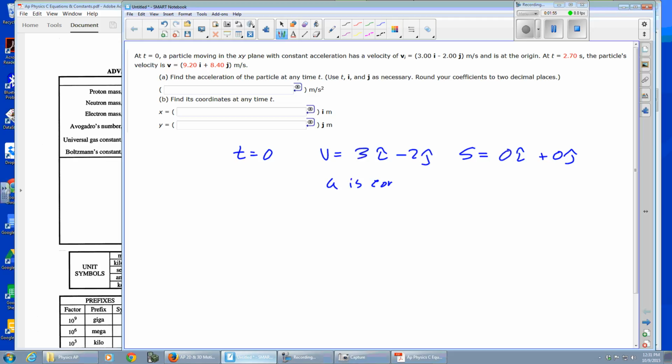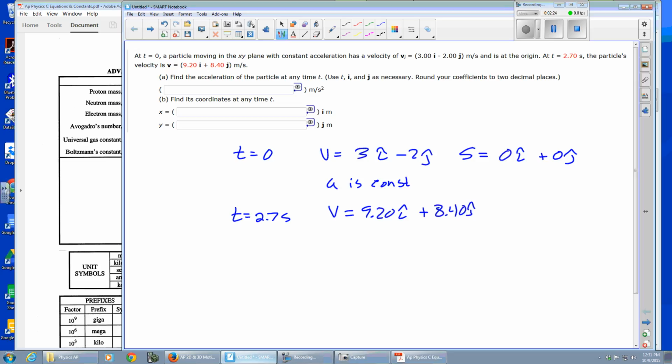They don't tell me what though, right? And then at t equals 2.7 seconds, v now is 9.20i plus 8.40j, and we don't know what s is or anything like that. Find the acceleration of the particle.